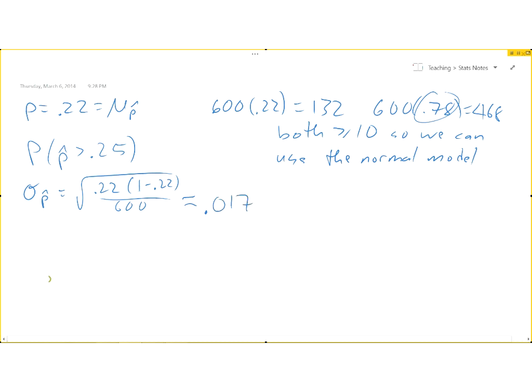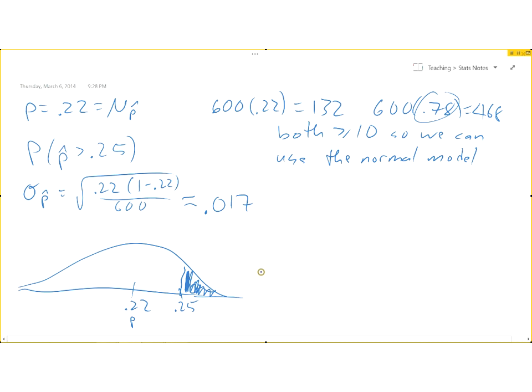All right, so we take our bell curve and we put our mean in the middle, our 0.22, and then our p hat is somewhere over here, 0.25, and we want to know the probability that p hat is greater than 0.25. So we're looking again at this area to the right.